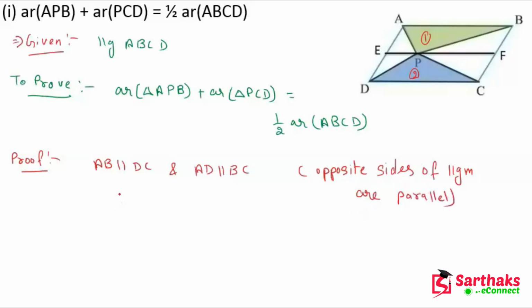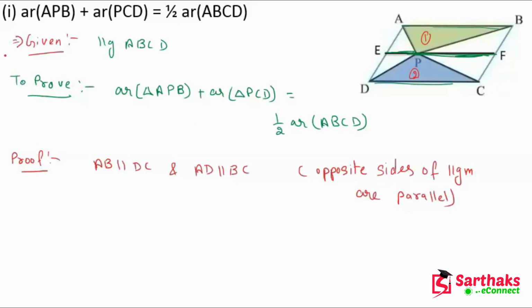Okay. Now we are drawing a line. Now let's draw a line EF, passing through point P. EF is a line which is parallel to AB and DC.